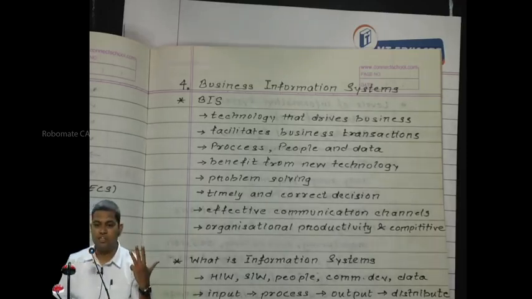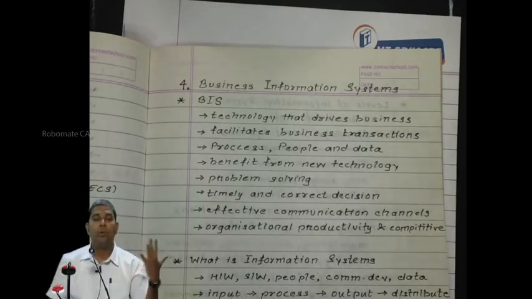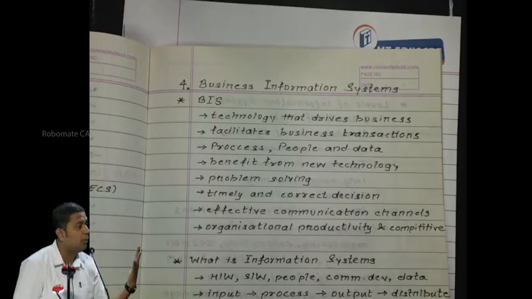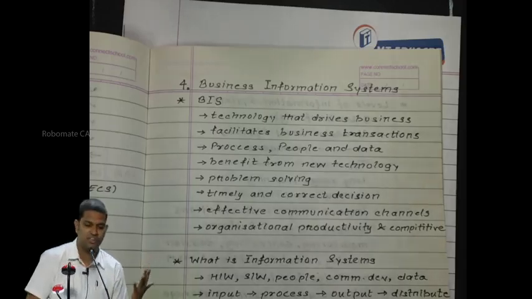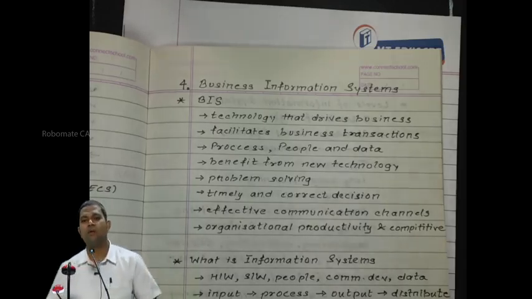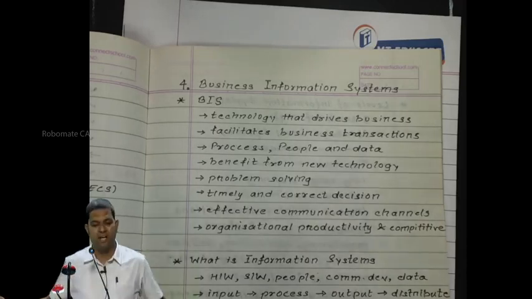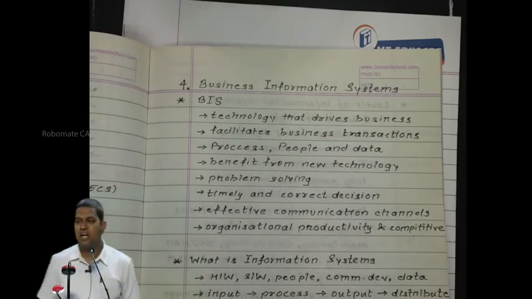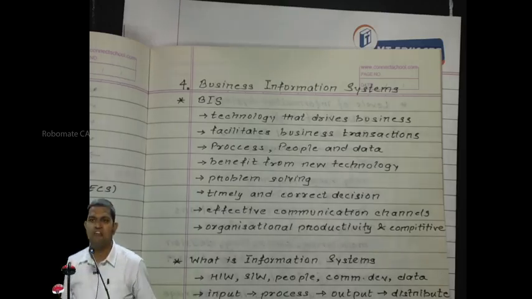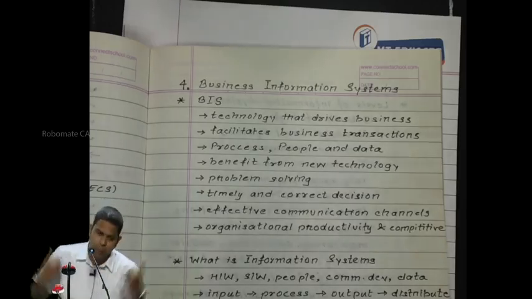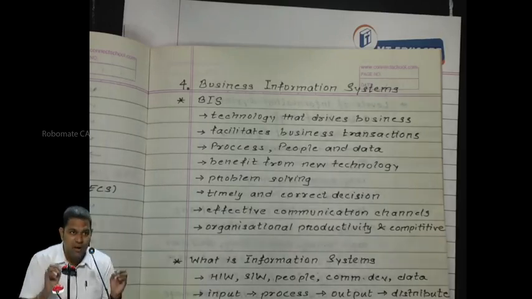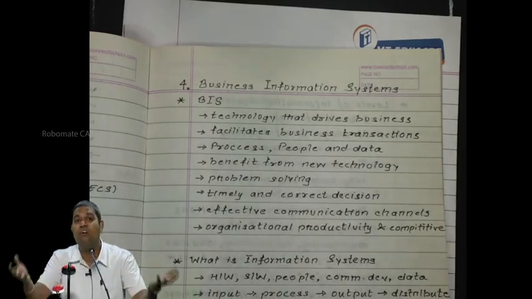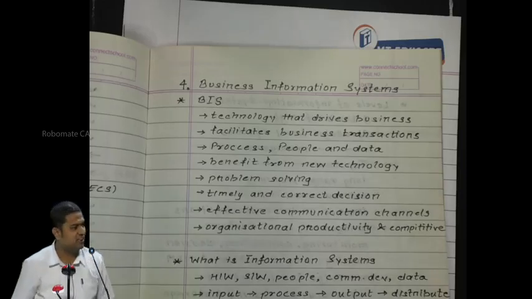You require information about the competitors. You require information about the government rules, regulations and policies. And you require information about almost everything, no matter if it is the internal environment or the external environment. We require everything, but now we should think how we will get all these things.